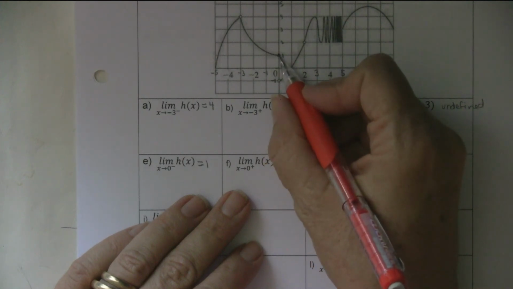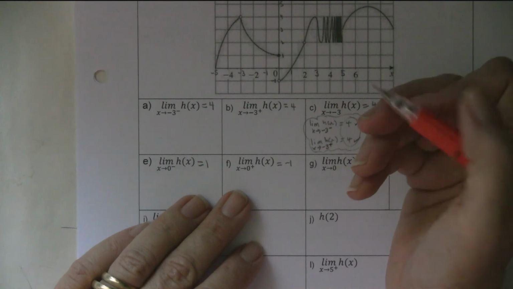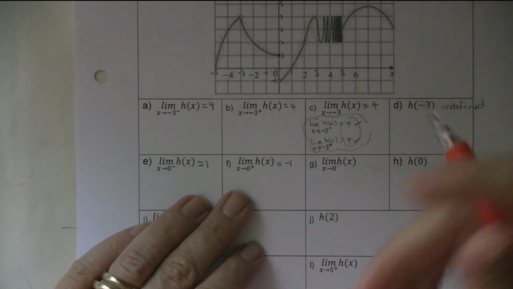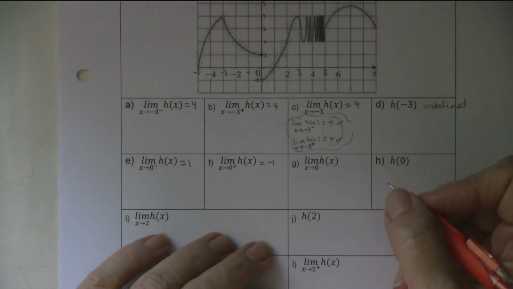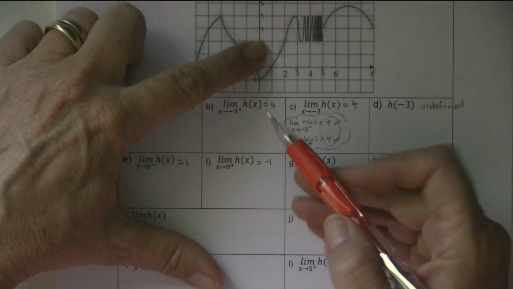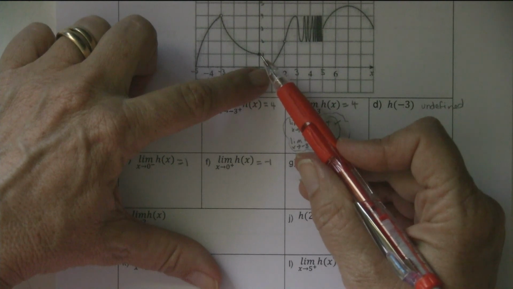Now, to be a function, one of them would have to be open and the other closed because of the way they're at 0. Otherwise it wouldn't be a function. But it wouldn't have mattered. The answer would have still been -1 had that been solid, just like this would have still been 1 had that been open.